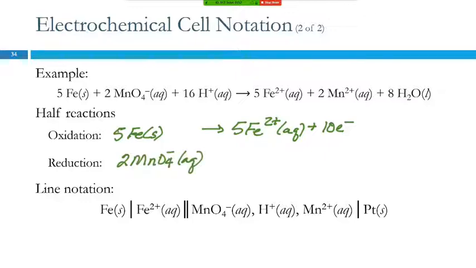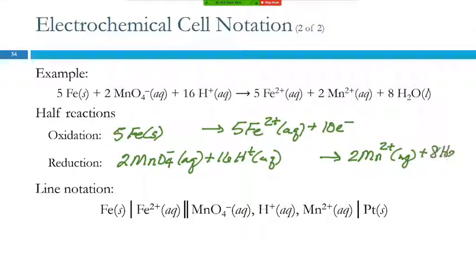I've got the permanganate, and I didn't use the hydrogens before, so I'm going to use them now. Oops, I'm going to need a space there. 2 manganese and 8 H2O. So I'm taking everything that I didn't use in the first one, and if I check it out, I'll find that all of the atoms balance just fine.